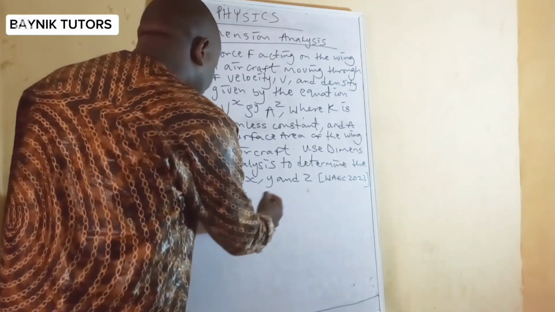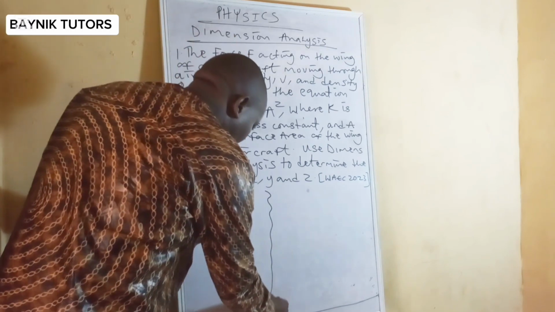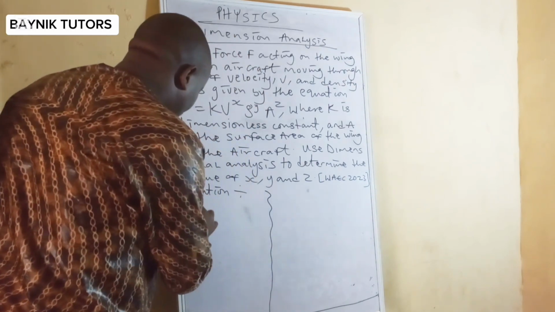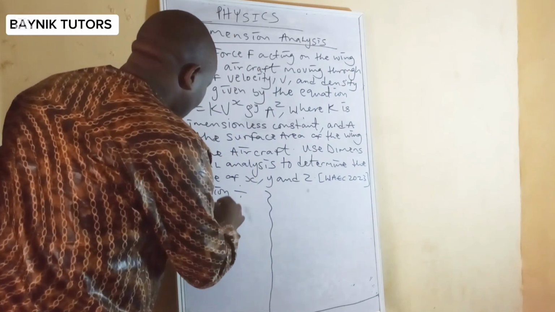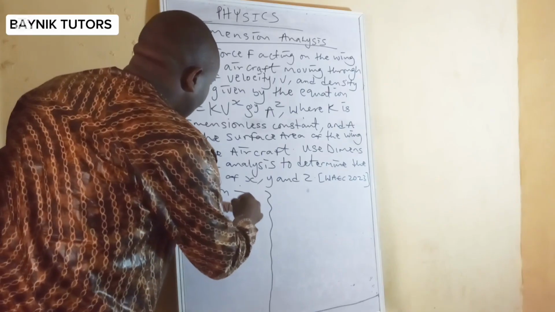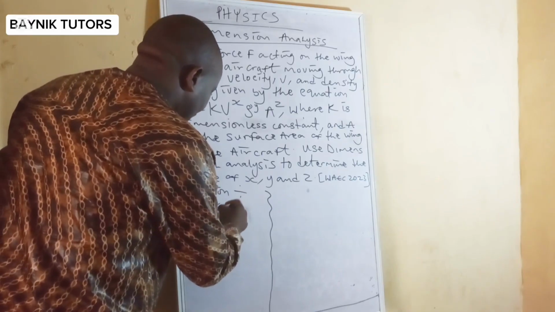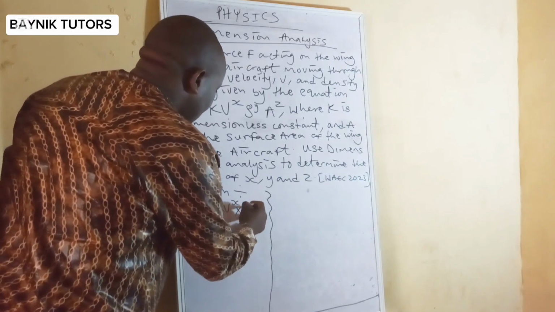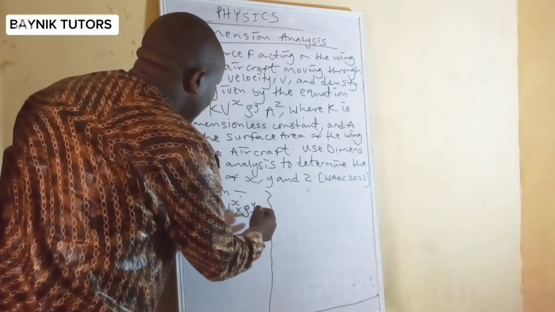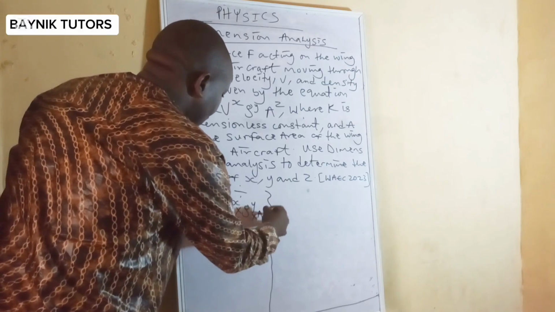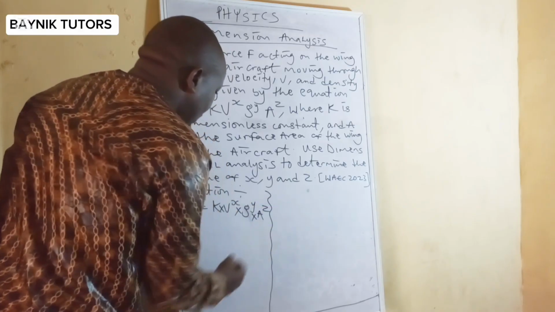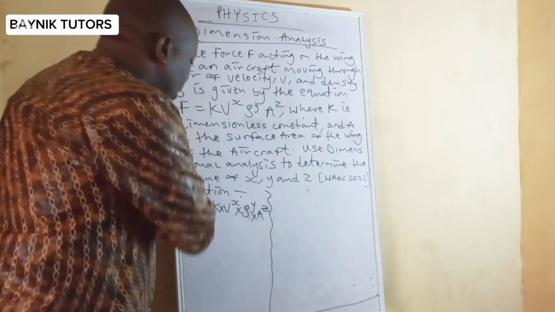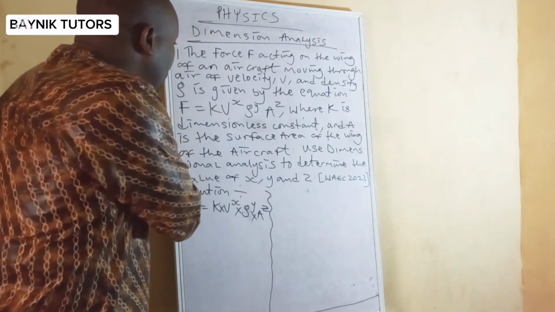So we look at F from our work. F is equal to k v raised to power x, times density raised to power y, times A raised to power z. So from here we pick each of the quantities.